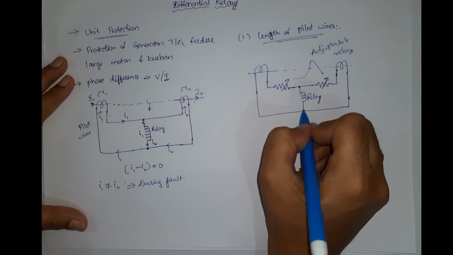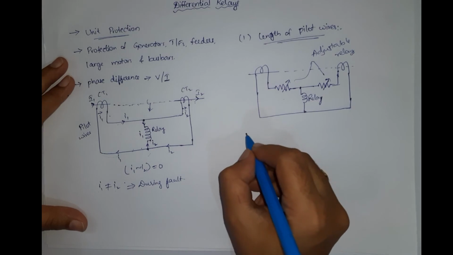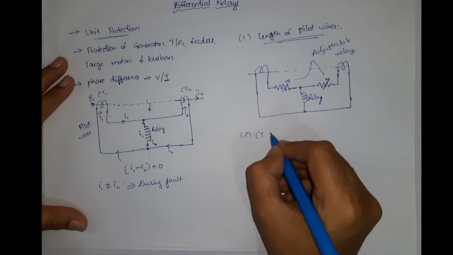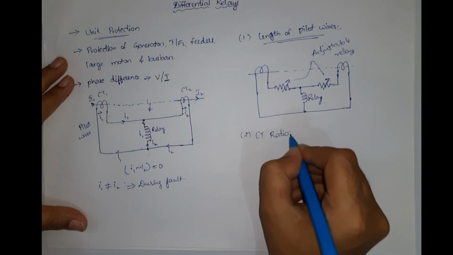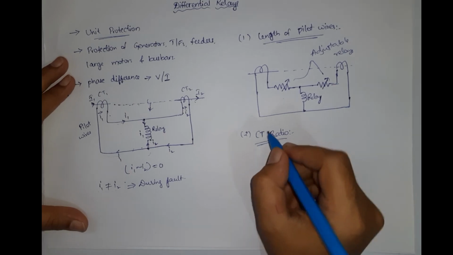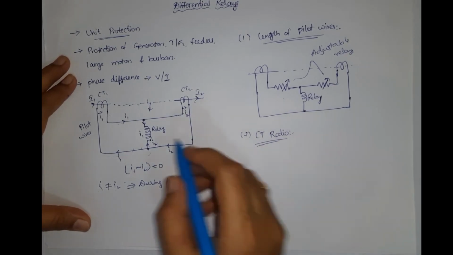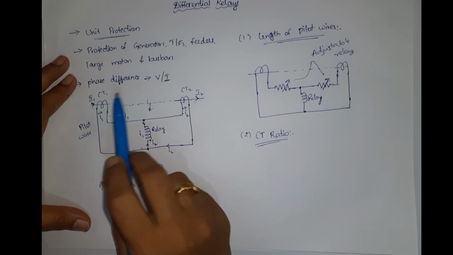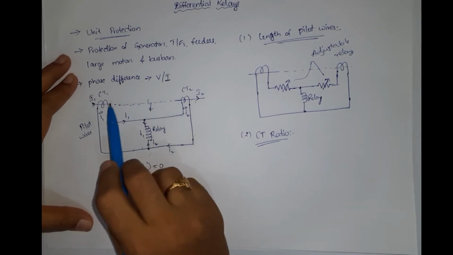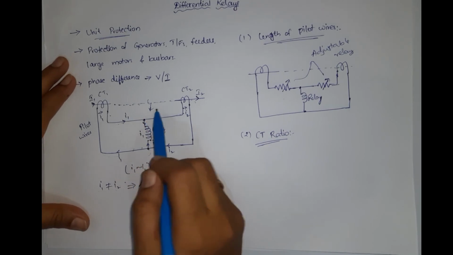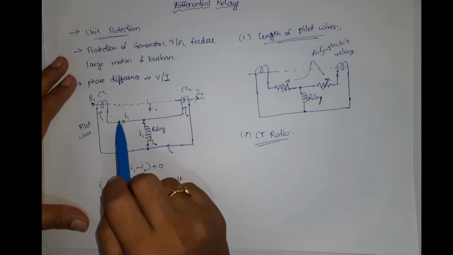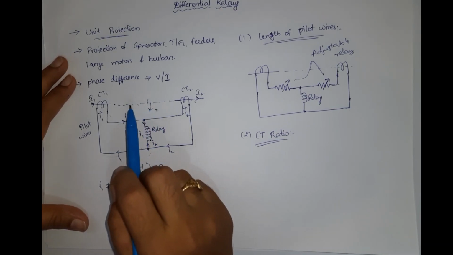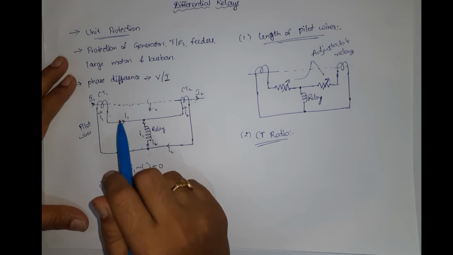So let us see the next issue. The next issue is nothing but the CT ratio. For this relay to operate, one more condition is that the CTs on both sides must have similar operating characteristics. But practically, to obtain two current transformers with similar operating characteristics is very difficult.